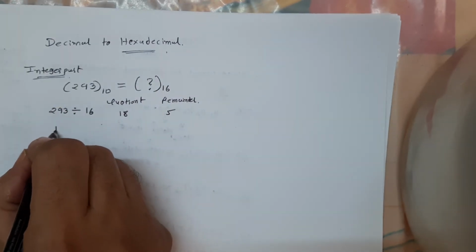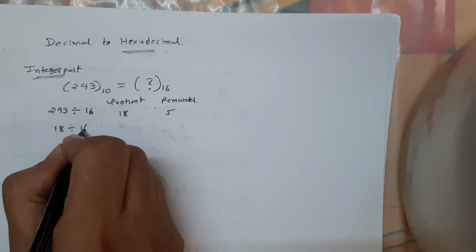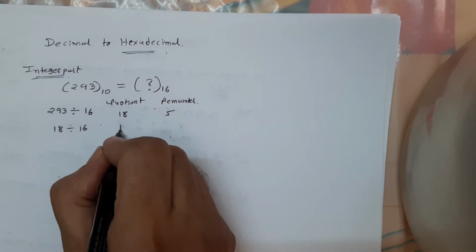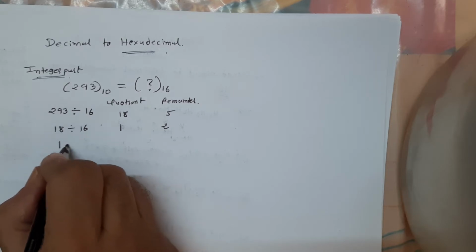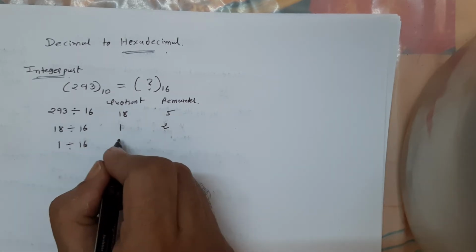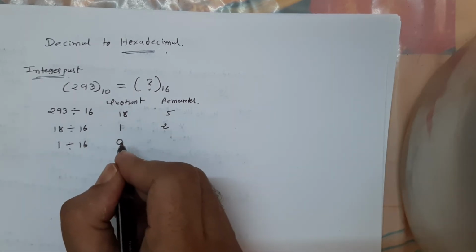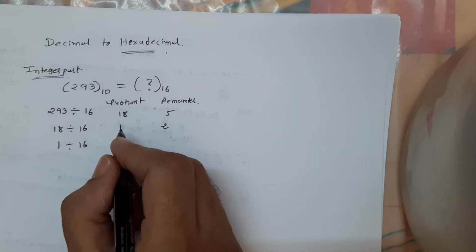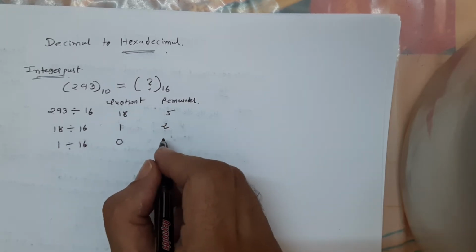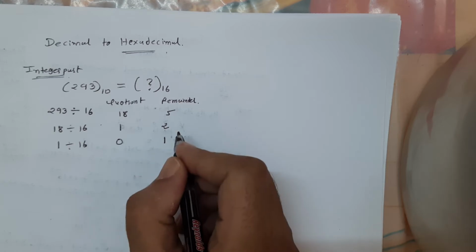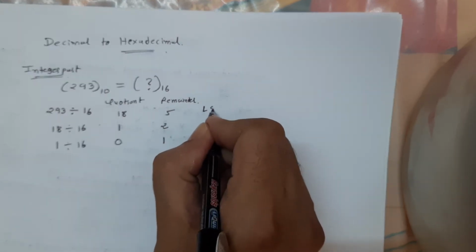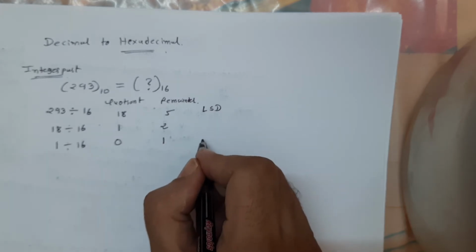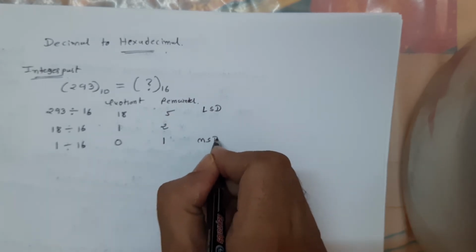Now this 18 again divided by 16, this is your 1, this is your 2, this 1 again divided by 16, we are getting 0. When we get 0, we stop this calculation, right? The remainder is 1, right? So this is your LSD and this is your MSD.